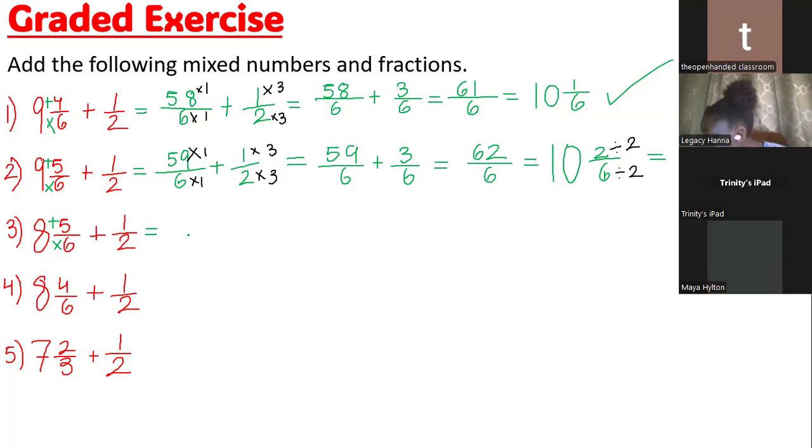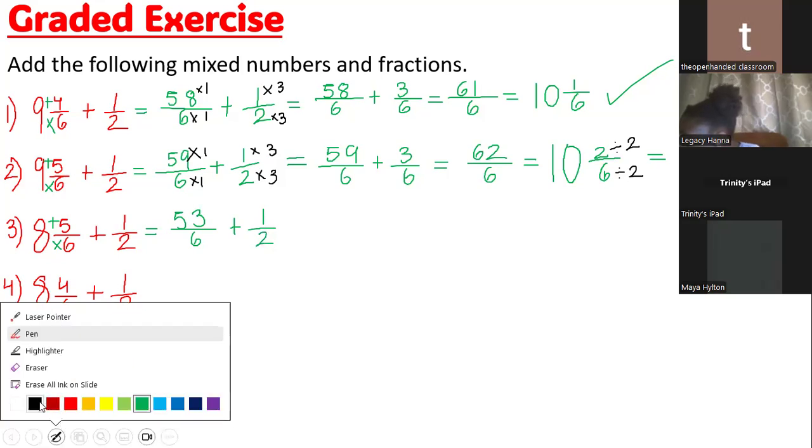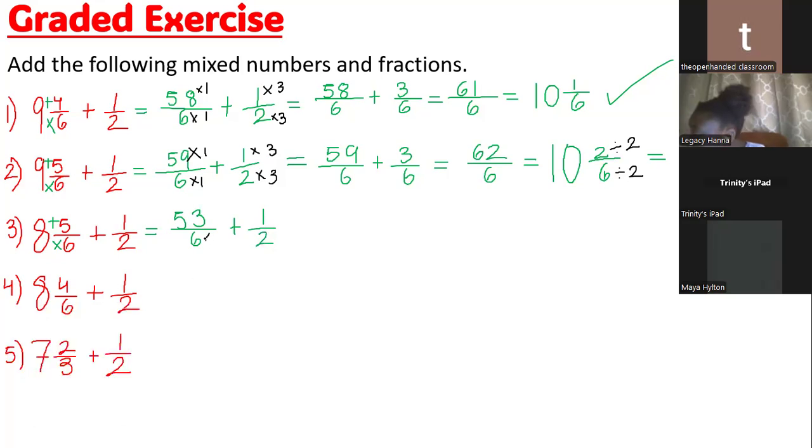So it's going to be 53 over 6 plus 1 over 2. And then we have to change the denominators to 6. 6 times 1 is 6. 2 times 3 is 6. And whatever we do to the bottom, we have to do to the top.